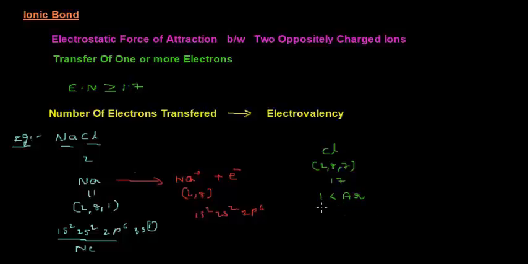So, to attain argon configuration, it readily accepts one electron and becomes chloride ion. Therefore, plus e-, due to gain of electron, it gives chloride ion, which is Cl-. And therefore, it has attained stable inert gas configuration of argon with 2, 8, 8 electronic configuration.